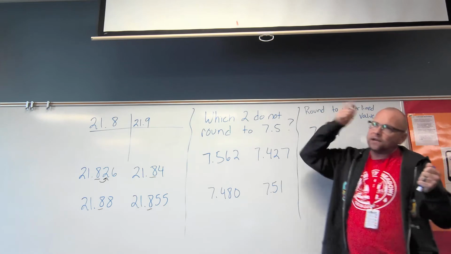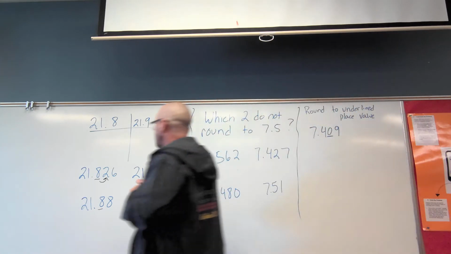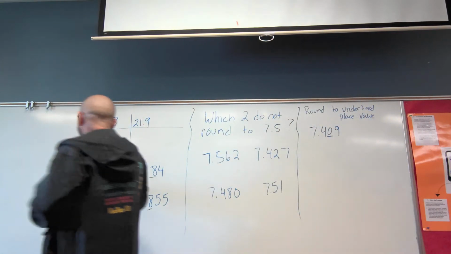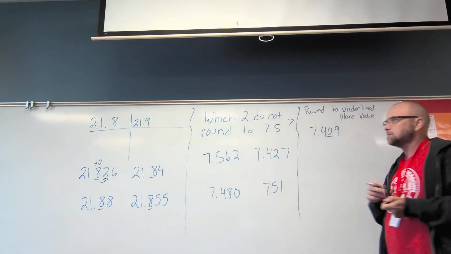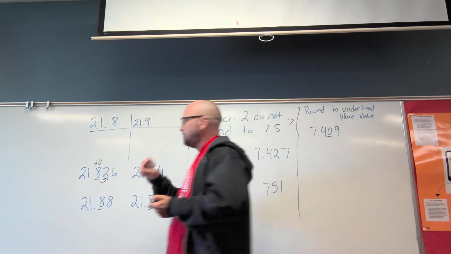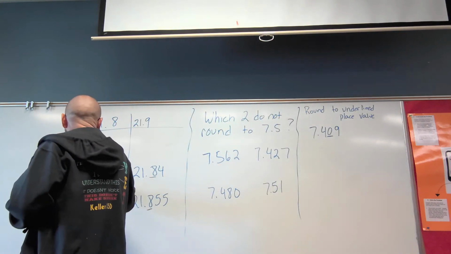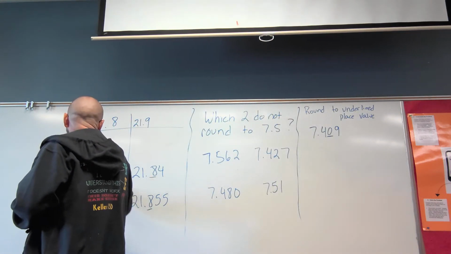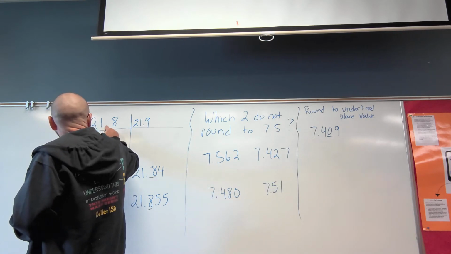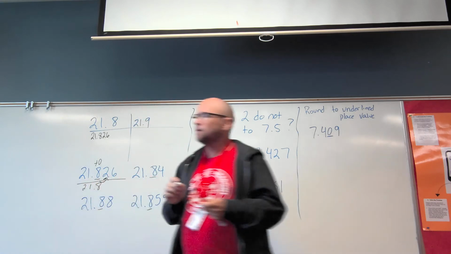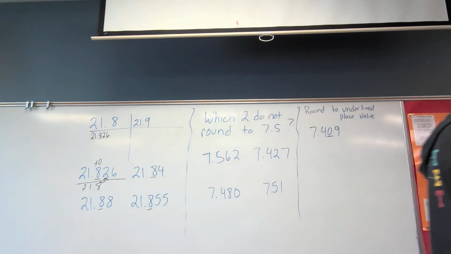Am I going to add 1 or am I going to add 0? 0. Because the number behind it is less than 5. If the number behind it is less than 5, then you add nothing to it. And we have 8, 21 and 8/10. So 21 and 826 thousandths would go in the section of 21 and 8/10.